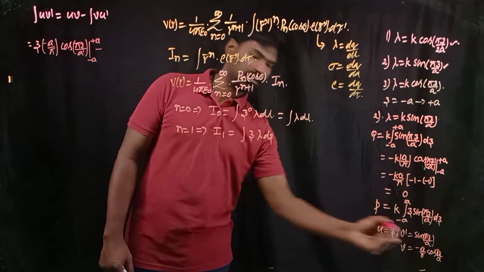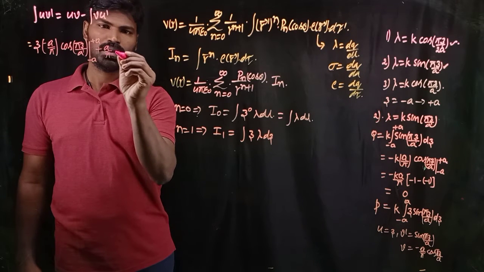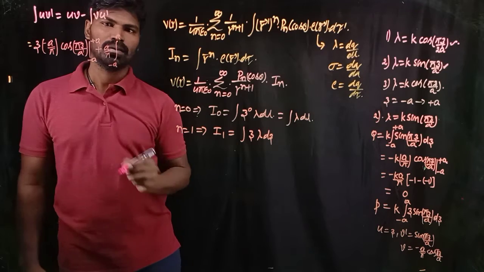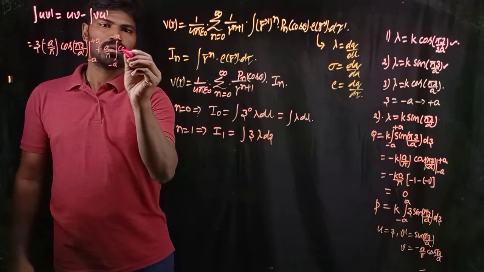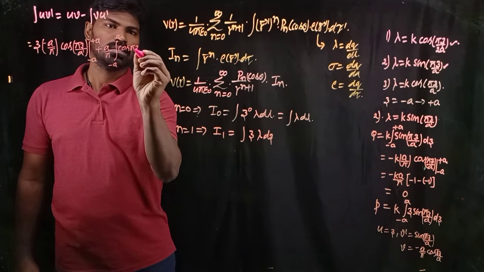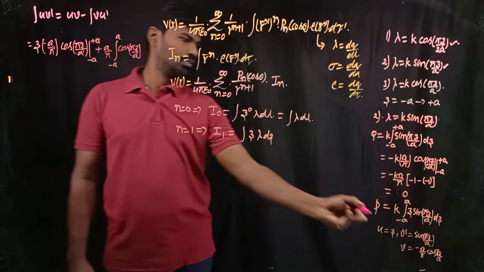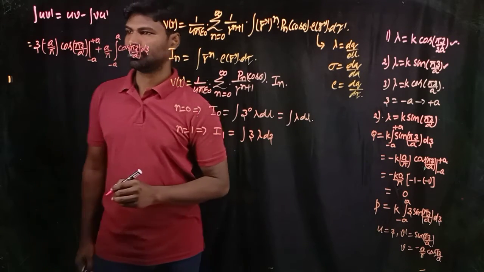V is minus a by pi. Minus into minus gives plus a divided by pi into the integral from minus a to a of cos pi z divided by a into u dash. U is z, u dash is dz, into dz.